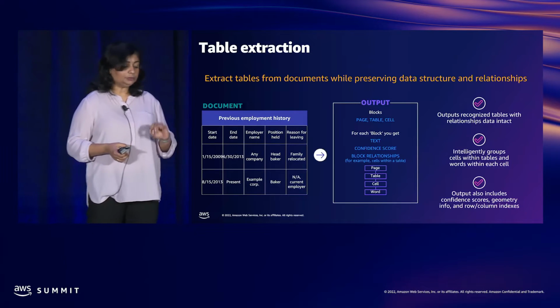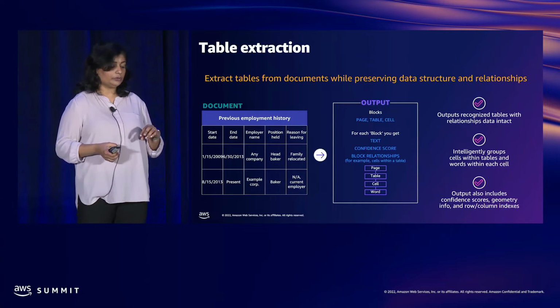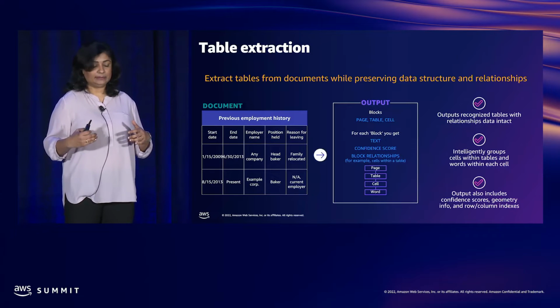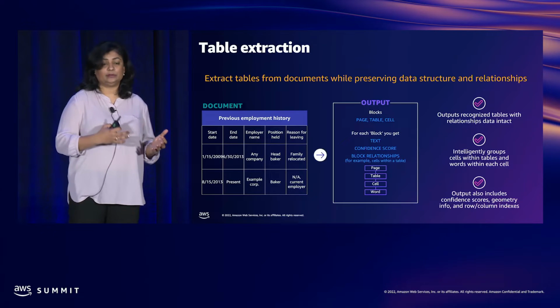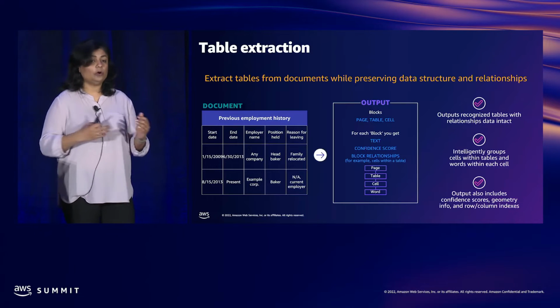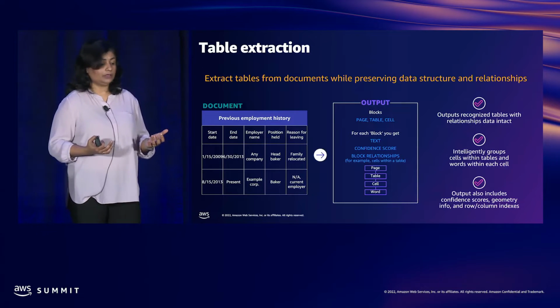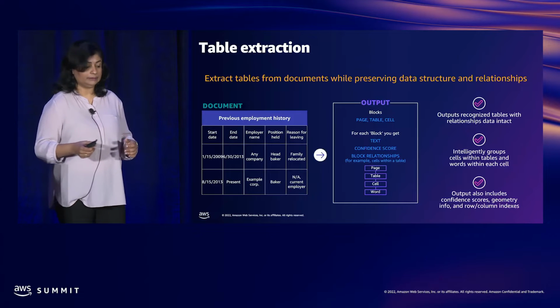Within each block, you will get the text, the value that it found, the confidence score, and the block's relationship. For example, a cell is within a table. This information is very important for people who want to take this into a schema, or do some amount of post-processing, or just recreate this whole structure in HTML format.